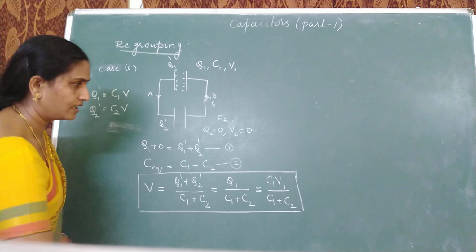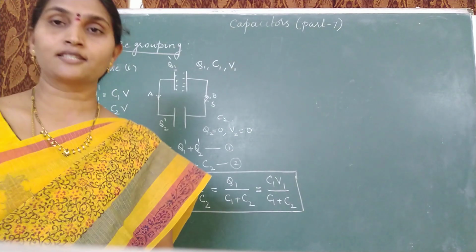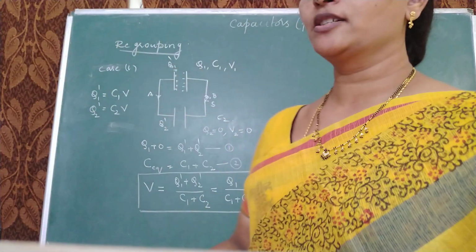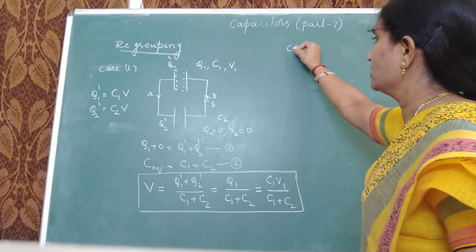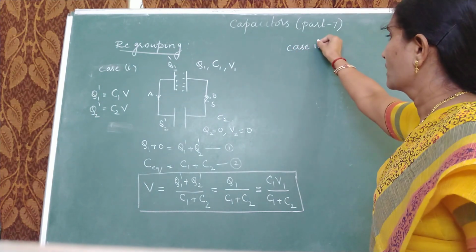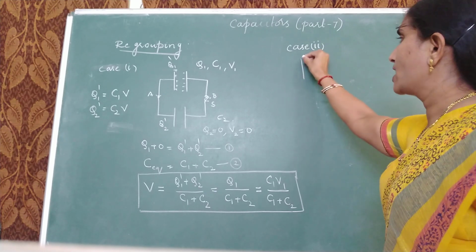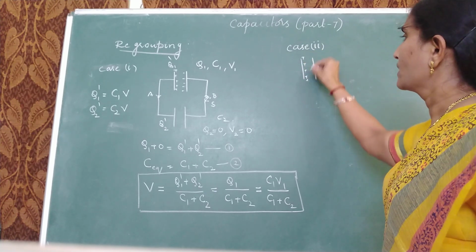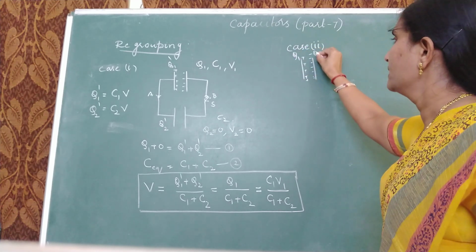Now look at the second case. What would happen if both the capacitors are charged and you are connecting one capacitor to another? Case 2, I'll write here. This is the first capacitor which is charged, positive and negative. Let this be Q1 and minus Q1.